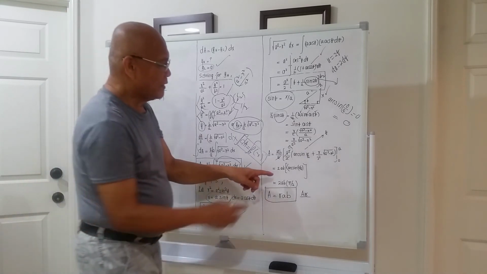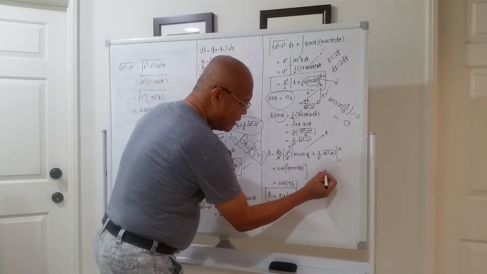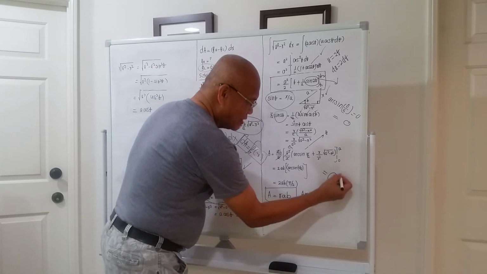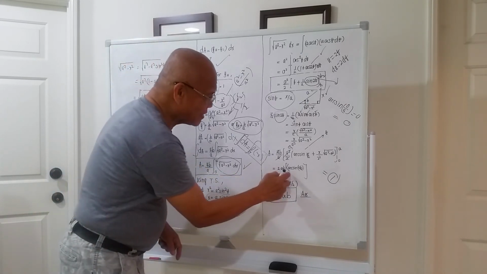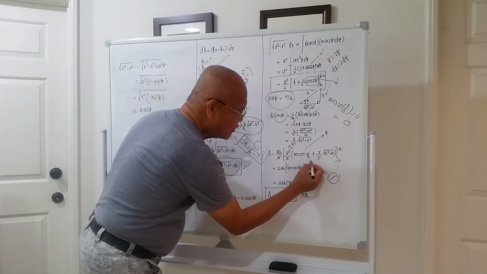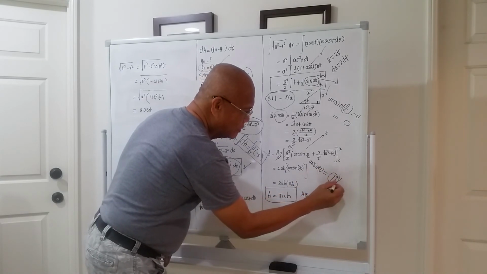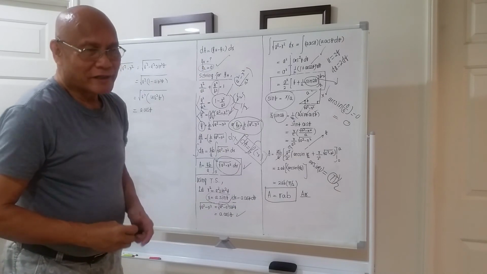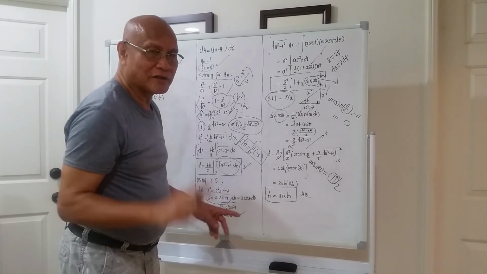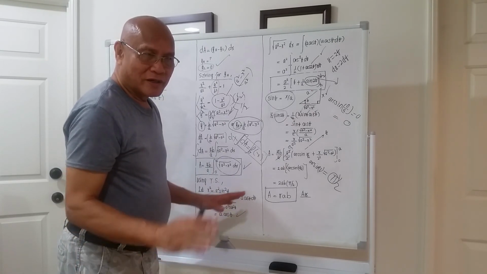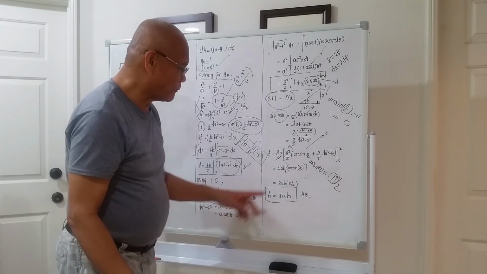And the arc sine of a over a is actually what angle in which the sine of its value is 1. It is 90 degrees. So the arc sine of 1 is actually pi over 2. What angle in which, if we take the sine value of it, it will be 1. It is 90 degrees. But we will take the equivalent of that in radians, and that will be pi over 2.